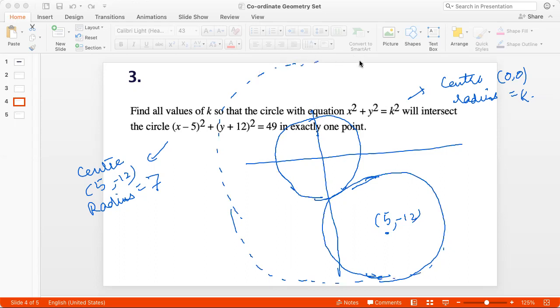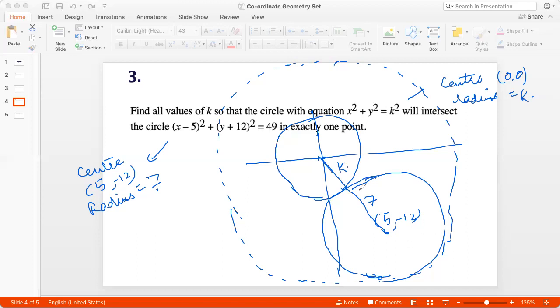So a circle centered at the origin can be tangential like this or like this. So I know that if this is tangential, this is k, and I know that this is 7, right? Because the radius is 7.